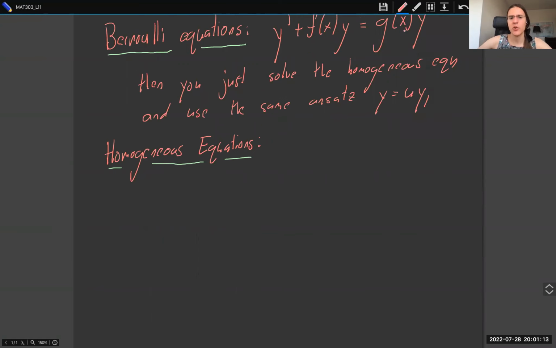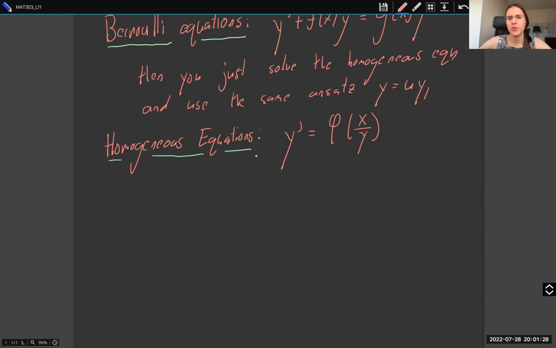And so this is an equation of the form y prime is equal to some function of x over y, or y over x equivalently. Basically what you do is you use the ansatz u is equal to x over y, or u is equal to y over x.